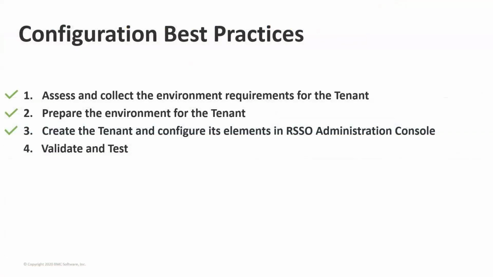Great. We have covered our task number 3, and now we're going to go through our last task, which is to validate and test. For this, I'm going to show you the browser and log in to the 3 different ITSM solutions that are in each tenant to validate this whole configuration. Let's go.